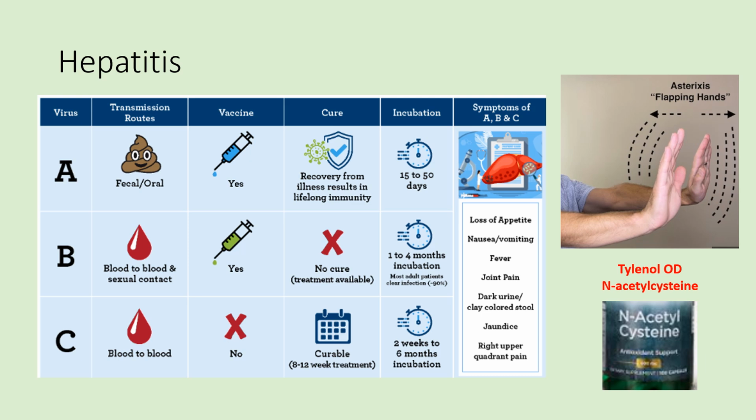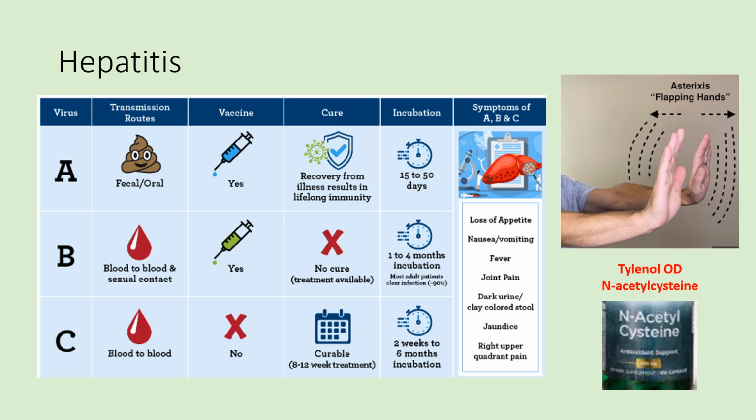Hep B is blood-to-blood transmission or sexual contact transmission. If you're a healthcare provider, you should have the 3-shot series for your hepatitis. There's no cure and no treatments available. Hep C is blood to blood, no vaccine, and is curable with treatments lasting 8 to 12 weeks.